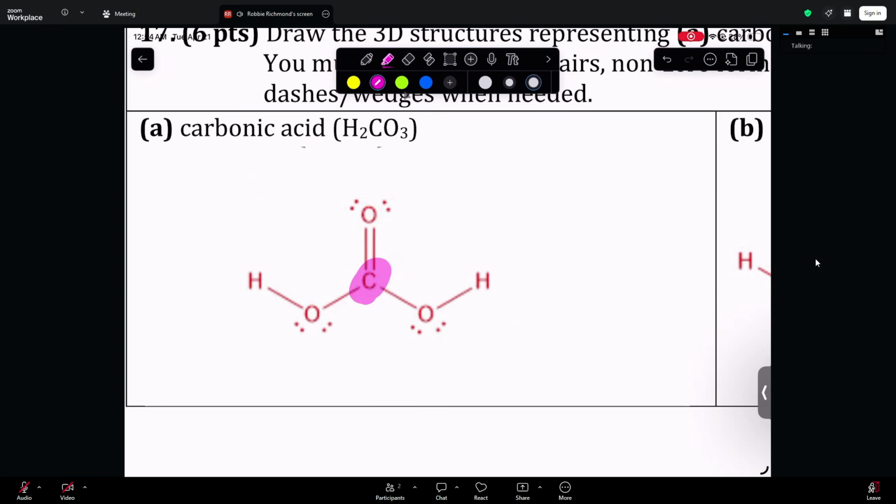Then these two oxygens here are tetrahedral, and the reason why we can get away with having this hydrogen in the same plane is that the tetrahedral generic structure has a center atom labeled as X. It will have two groups in the same plane, which would be the hydrogen in this case, and it will have two groups that will be a wedge and a dash respectively.